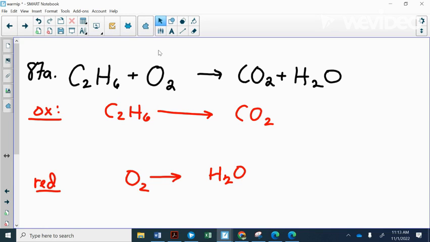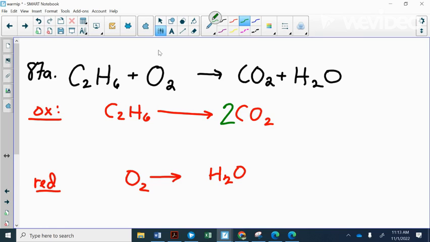So now that I have my half reactions written, I go to my first one and I balance every element but hydrogen and oxygen first. So there's only one other element there and it's carbon, and there's 2 here, and so I need to get 2 over here, so I put a 2 there to balance my carbons. Right? That's why order is important.